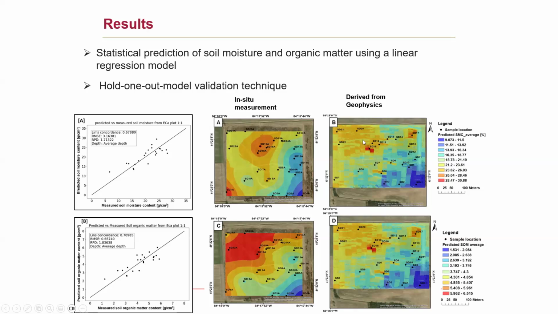So this becomes the distribution of moisture content at the site derived from the geophysics. And this is the distribution of organic matter content that we derived from the geophysical measurement. Now, I want to pause there to say that what my students and I have tried to do here is assess the reliability of using this type of proxy measurement to predict soil property distribution at our site.